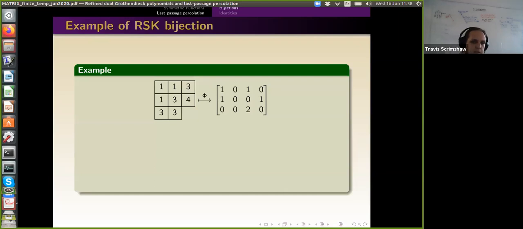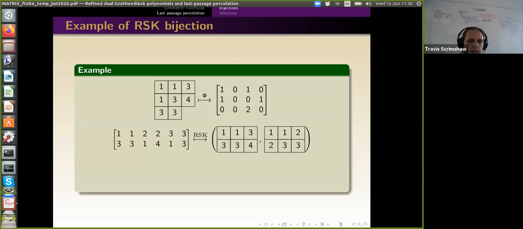So let's do a slightly different example here, but still everything of the shape 3, 3, 2. And I have a reverse plane partition, and then under the bijection phi, this 0, 1 matrix. And now I'm going to do something slightly different.